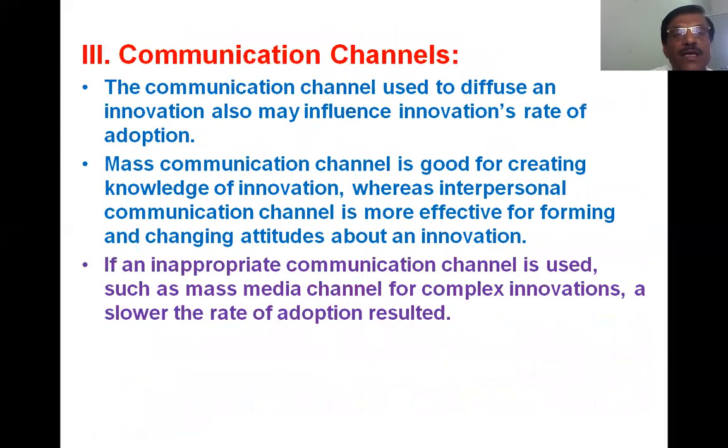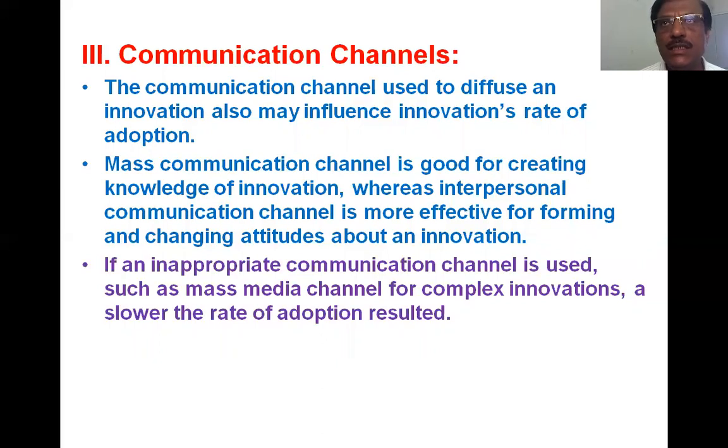Then the third factor determining the rate of adoption is communication channels. Diffusion of innovation takes place through channels. You have already studied a number of communication channels: individual contact methods, group contact methods, and mass contact methods.